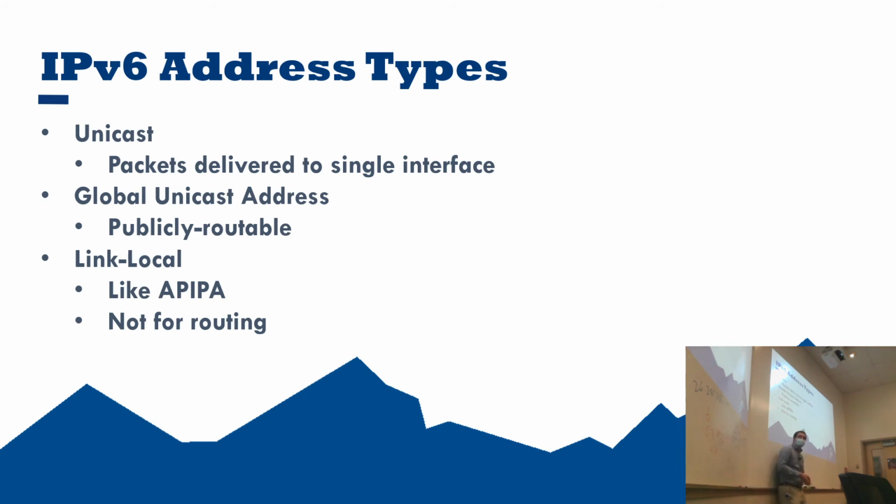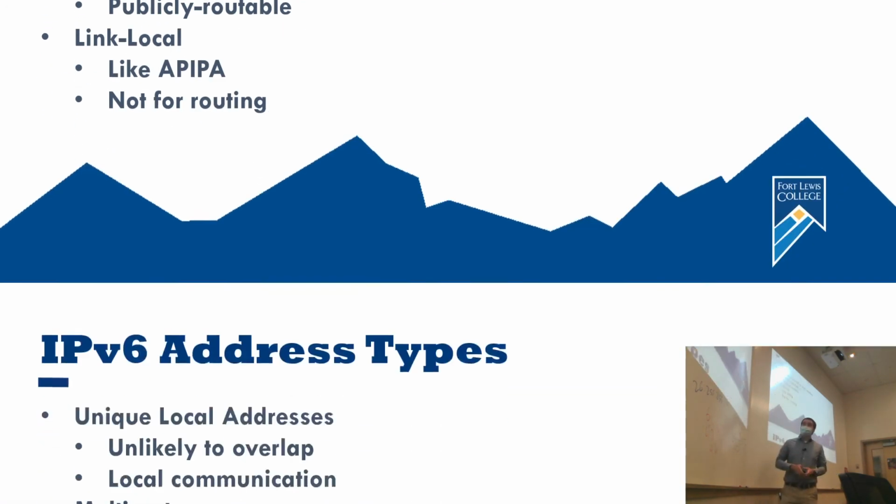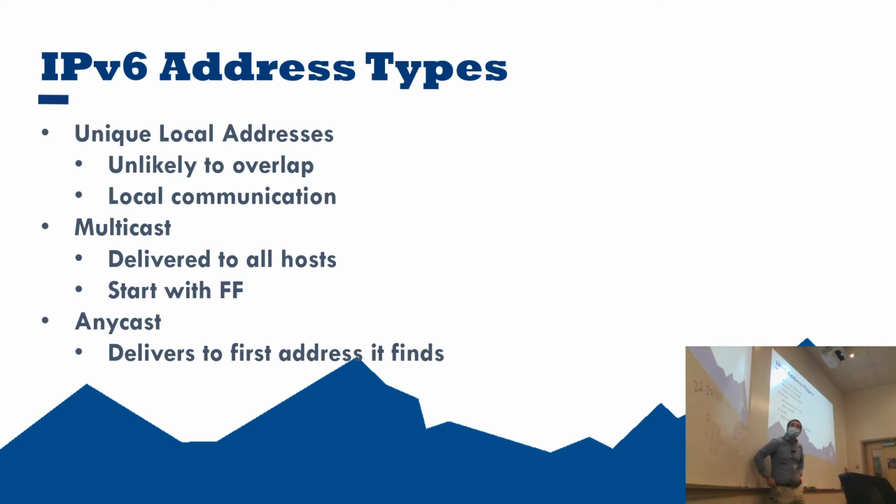And of course we also have link local. These are basically the same thing as a private address. The book says they're like an APIPA address. I disagree with that. APIPA addresses, generally speaking, are not going to be usable for network communication, whereas a link local address will. So I personally disagree with the book a little bit there, but like I said, feel free to have your own opinions. I'm not telling you what to believe.